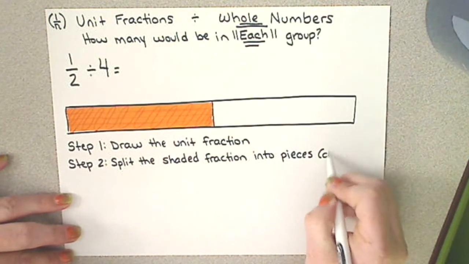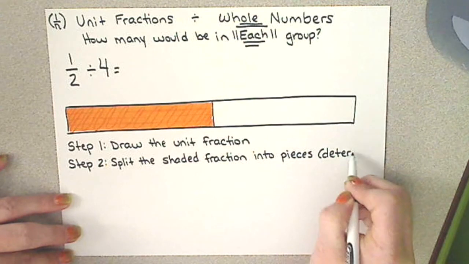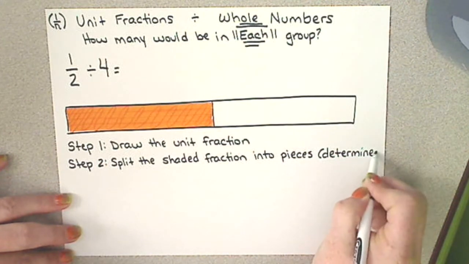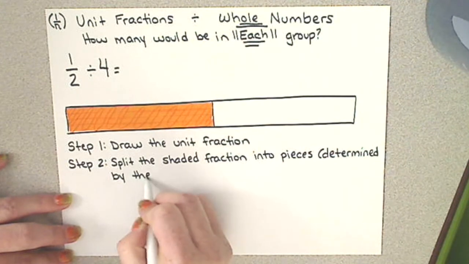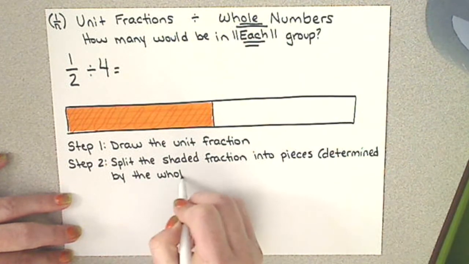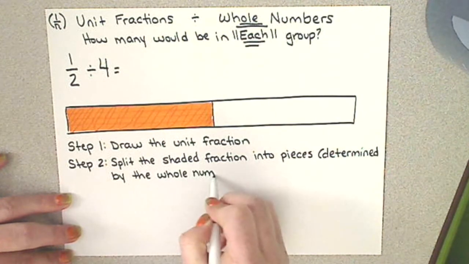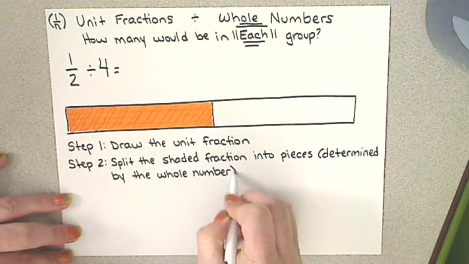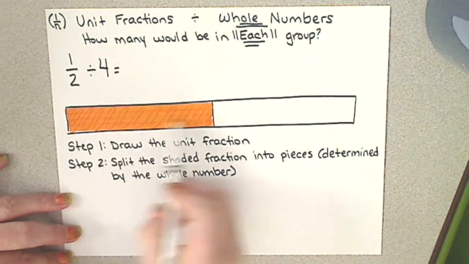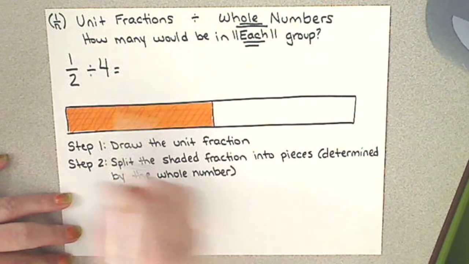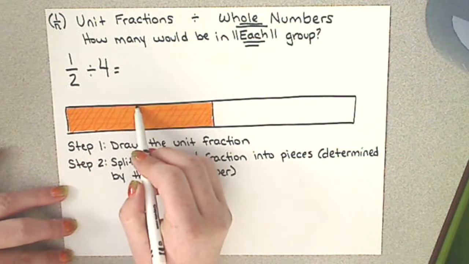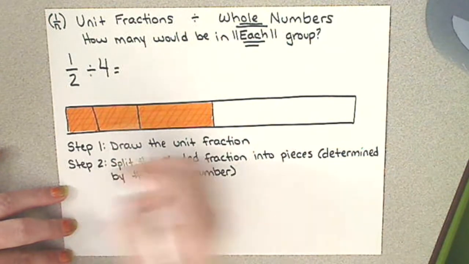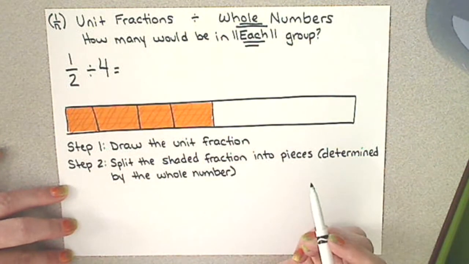And this is determined by the whole number. Okay, so I've shaded my 1/2. Now I need to split my 1/2 into 4 pieces. So there is 1/2 and quarters. Okay.